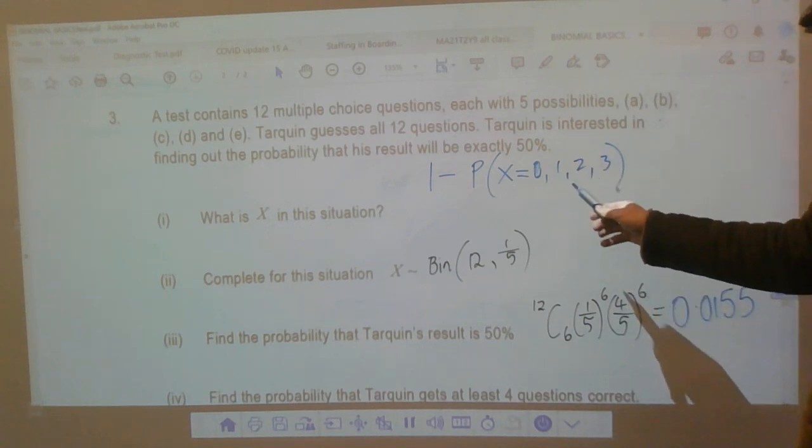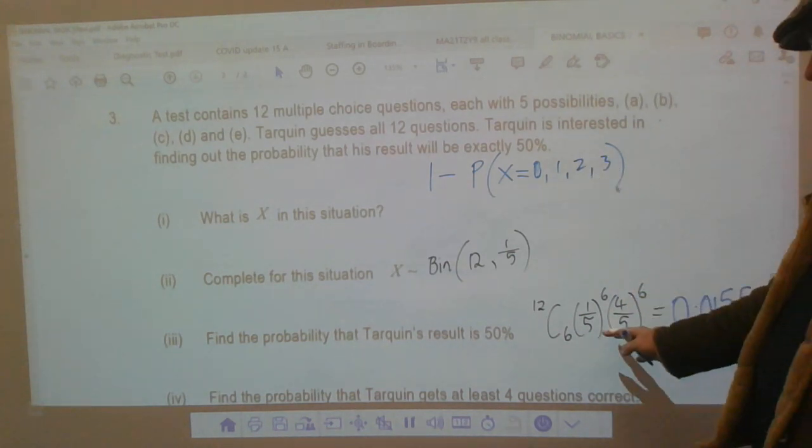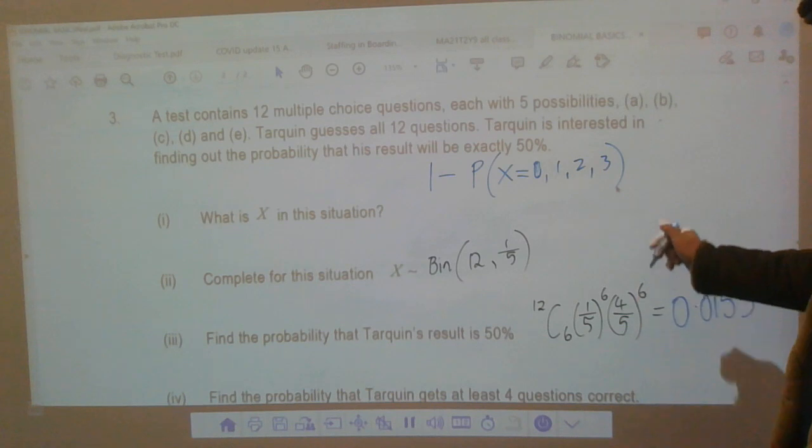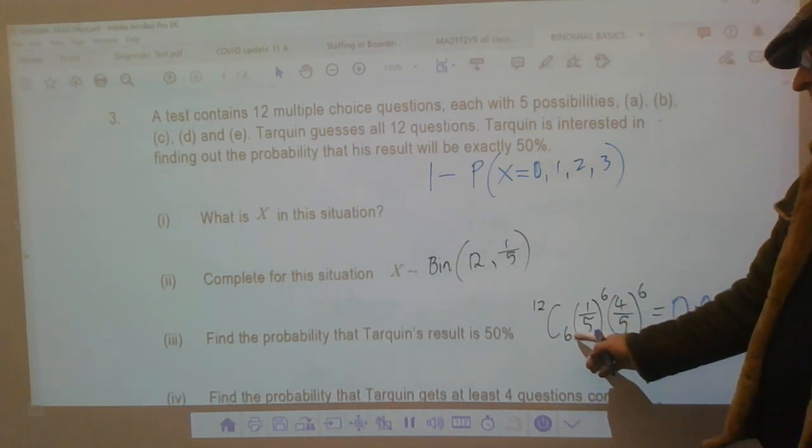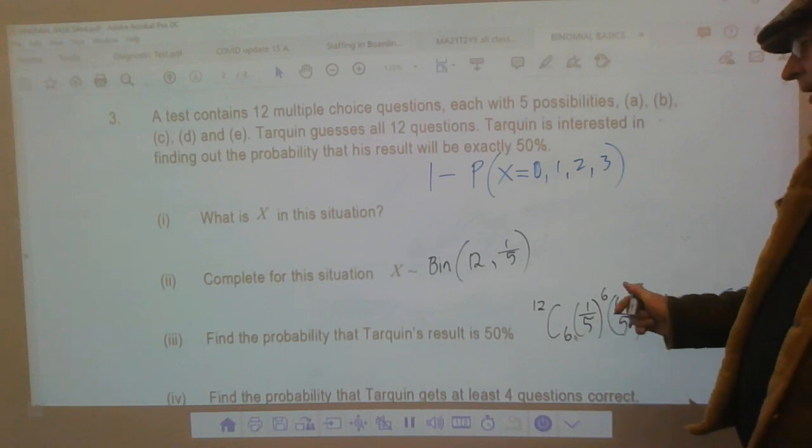So I'm going to have to work that for each of these, right? Instead of a 6, I'll have to put a 0, a 1, a 2, or a 3 in here.